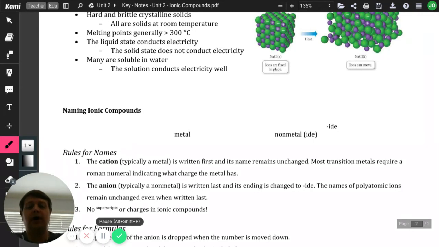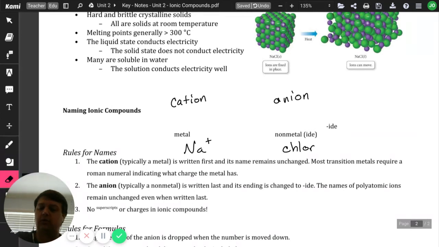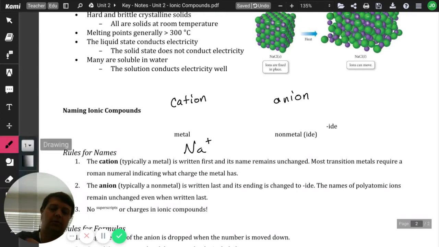So naming your ionic compounds. When we name ionic compounds, first off, remember that we have two parts of an ionic compound. You've got your cation, and you've got your anion. The example I'm going to give is sodium and chlorine. Sodium is going to be my cation, sodium with a positive charge, that's what makes it a cation, and then chlorine will be our anion, with a negative charge.